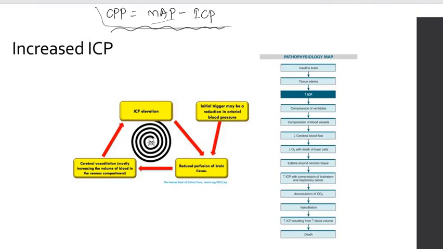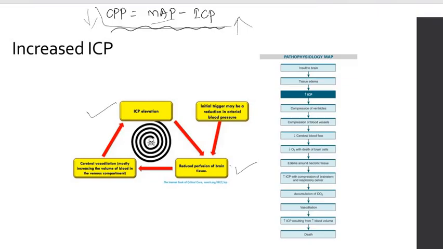If your ICP increases, it means that your negative number increases. If your negative number increases, your CPP will decrease. So that's what this image is telling us. Your ICP elevation will cause reduced perfusion of the brain tissue, so our brain tissues are not getting enough perfusion, and the initial trigger may also be the reduction in arterial blood pressure.